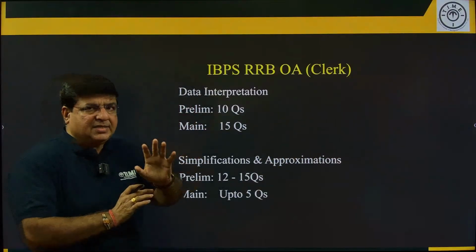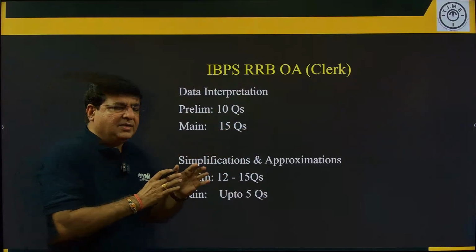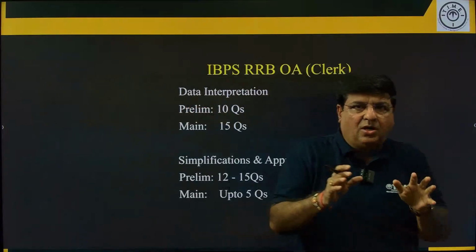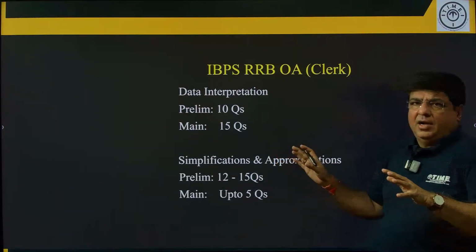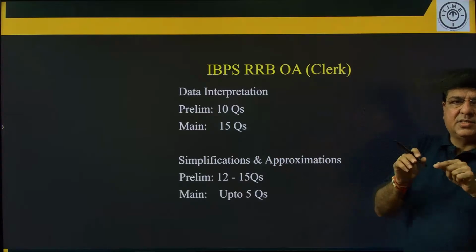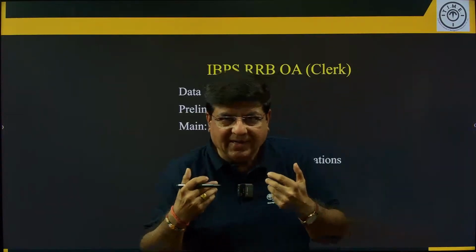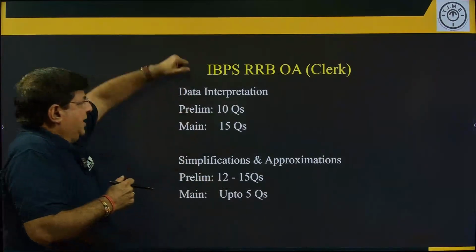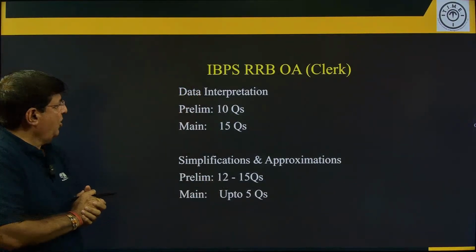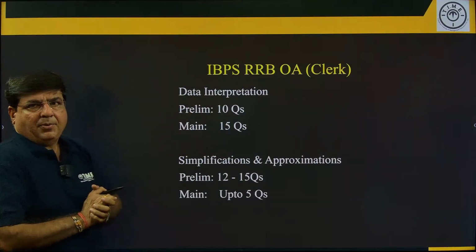So first, let us discuss area by area, and once this discussion is over, I will share a snapshot, a screen where you will have the summary of what all we have discussed. Okay, so now let's look at these two areas first. One of them is data interpretation, the other is simplification and approximation.